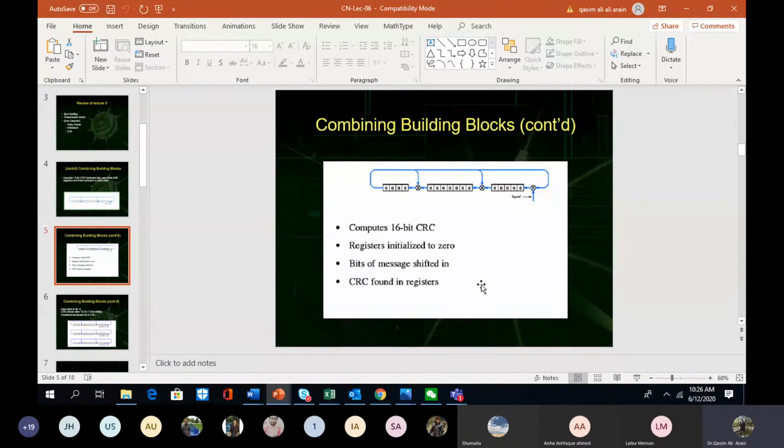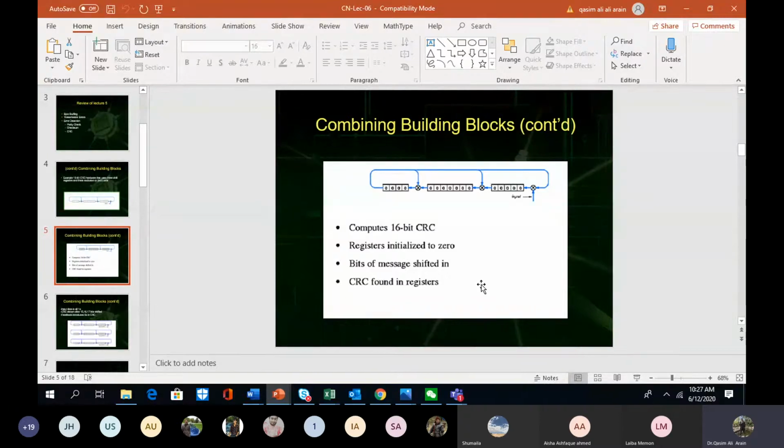Now the value that you want to find the CRC of, that will be the input through this particular XOR gate. The value will enter from the XOR gate, the XOR operation will be performed, and bit by bit the values are going to be added inside this particular shift register until all the shift registers are filled with these values.